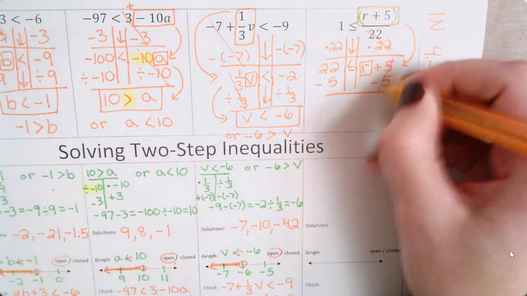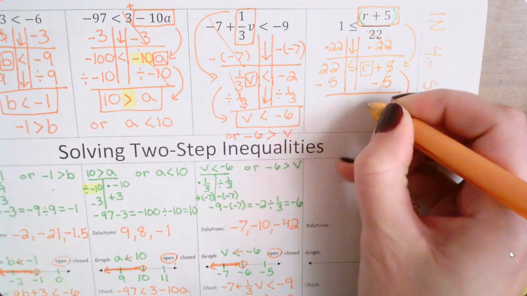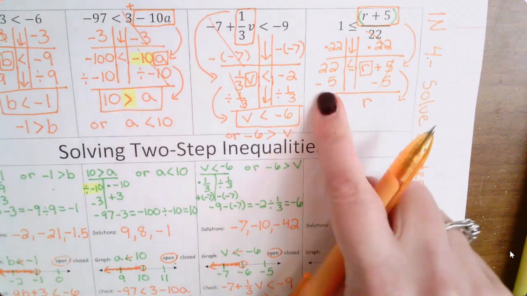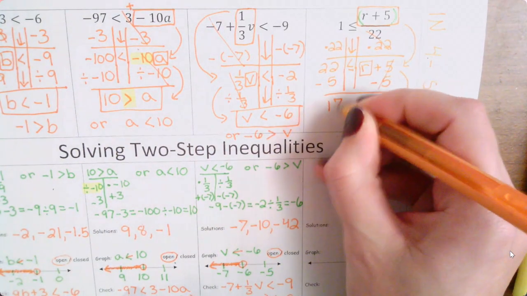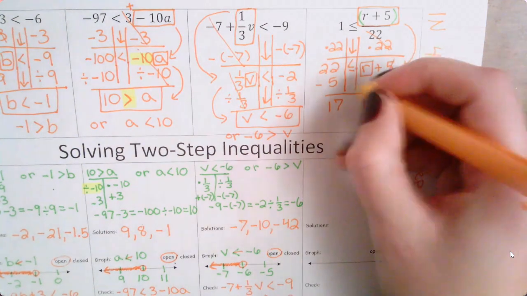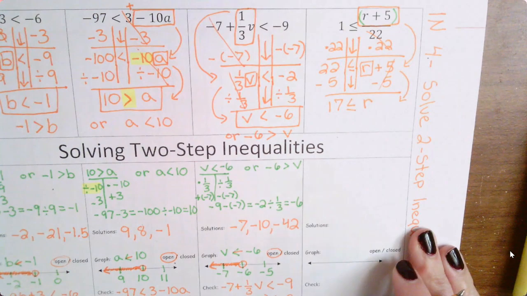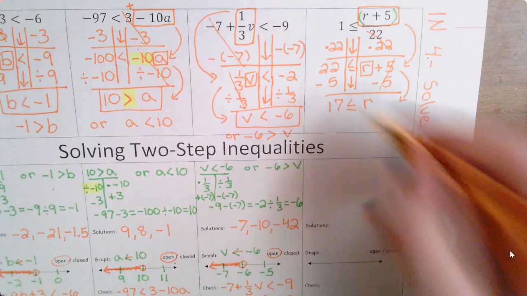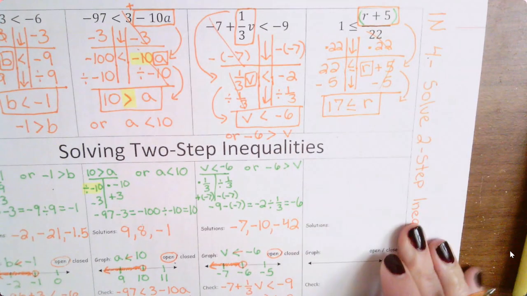This over here would cancel, so I would carry down just my R, and 22 minus 5 would give me 17. Again, I just subtracted 5. I did not multiply or divide by a negative, so carry down your inequality sign. So I carry down my less than or equal to. So here's my answer: 17 is less than or equal to R.